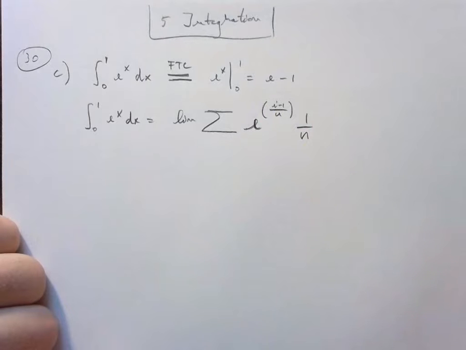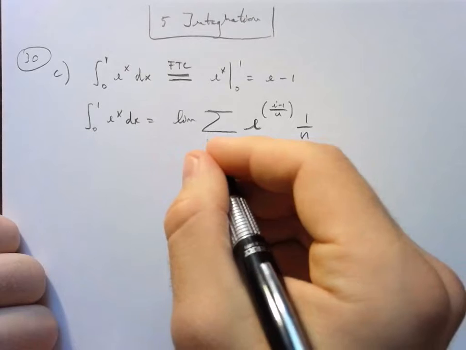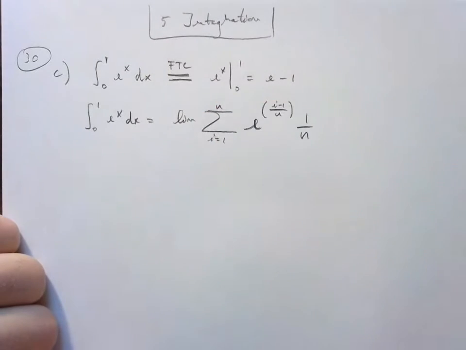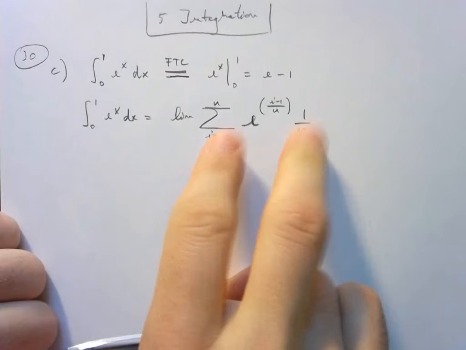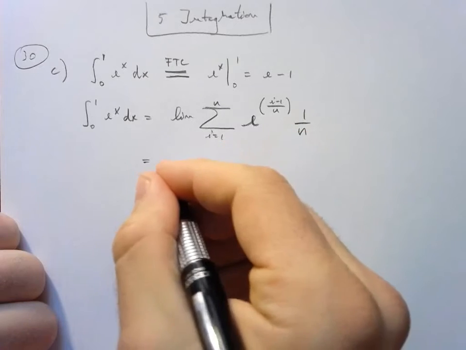That's the Riemann sum I'm looking at. And the idea now, with i going from 1 to n, is to use a geometric series to get a closed form, then take the limit as n goes to infinity.